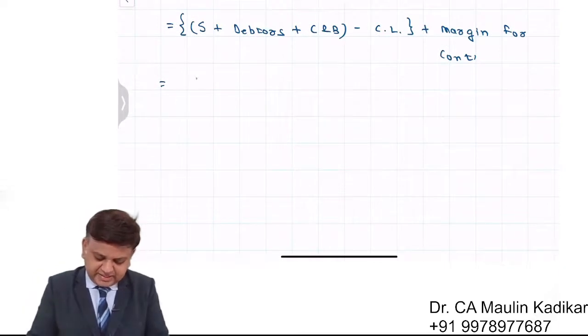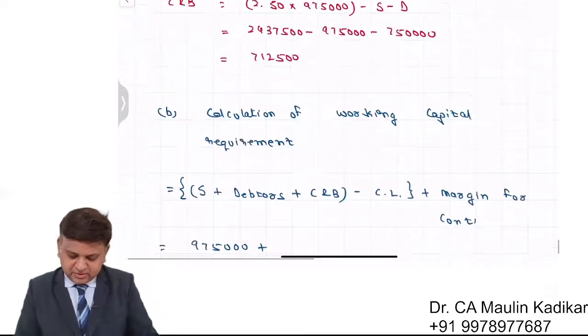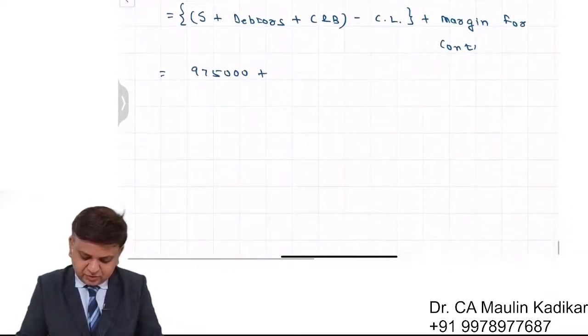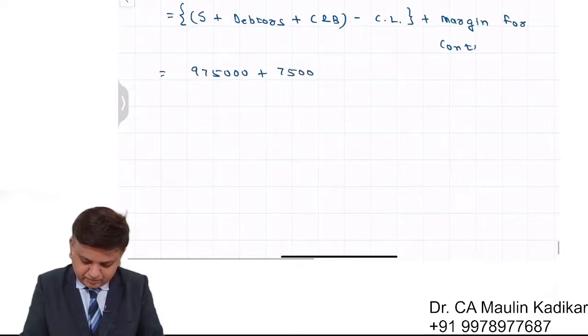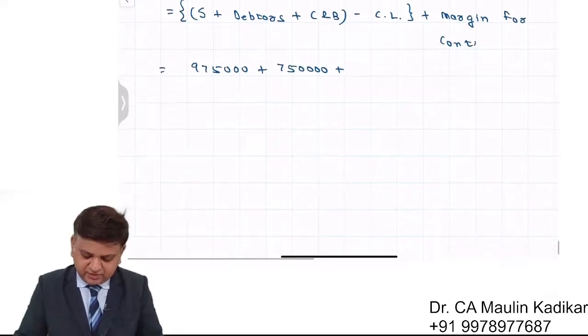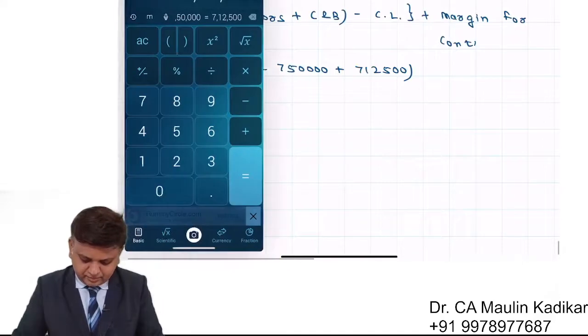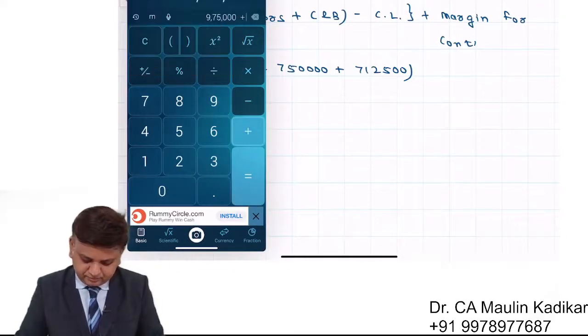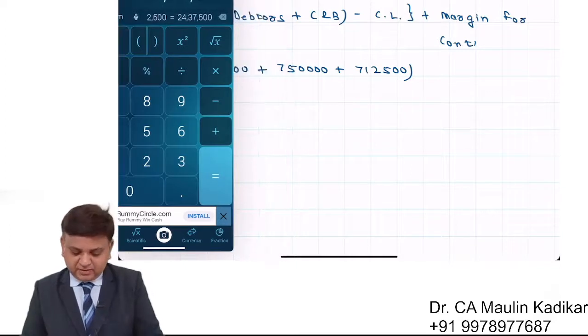Amount of the stock is 9,75,000 plus amount of the debtors is 7,50,000. Amount of cash and bank is 7,12,500. So 9,75,000 plus 7,50,000 plus 7,12,500. That is 24,37,500.